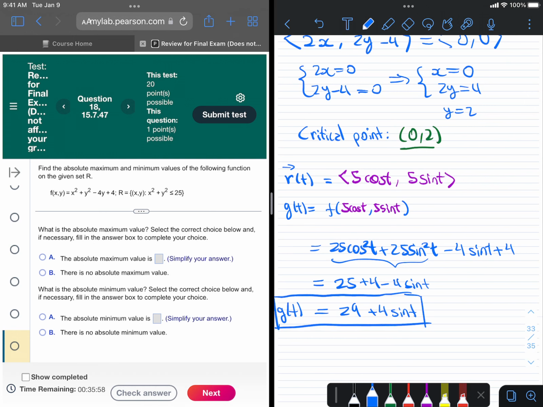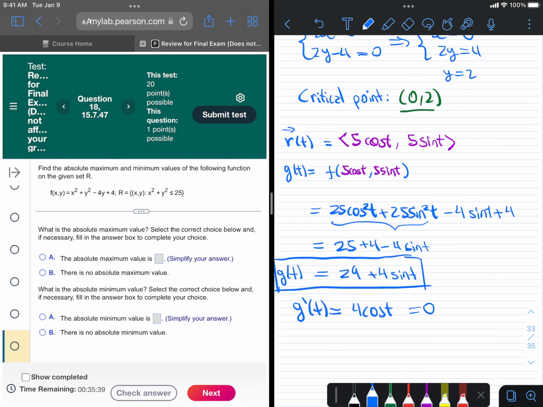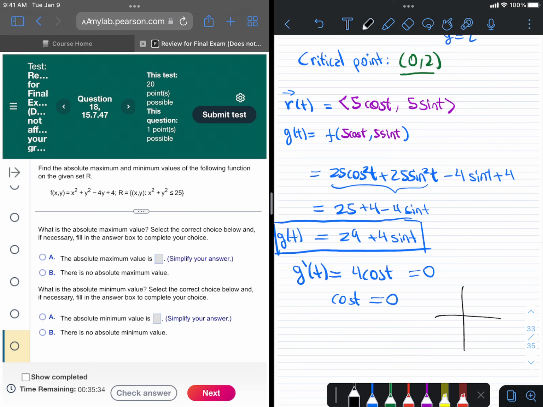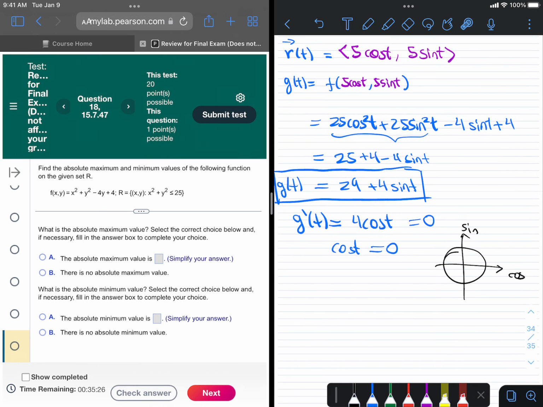Okay? So I want to find the maximum on the boundary, or the minimum. That will also happen at a critical point, but now at a critical point for t. So I gotta do g prime of t, which is going to be minus 4 cosine of t. Make that equal to 0. So that means the cosine of t equals 0. What is an angle that I know whose cosine equals 0? Remember the unit circle. X is the cosine, y is the sine. Points that have cosine equals 0 are these two.